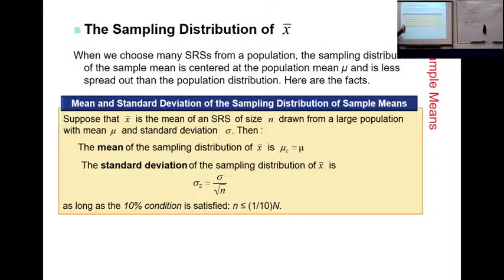So that's what the mean will look like, and that's what the standard deviation will look like. Again, which formulas you use will depend on whether the question is talking about means or proportions.